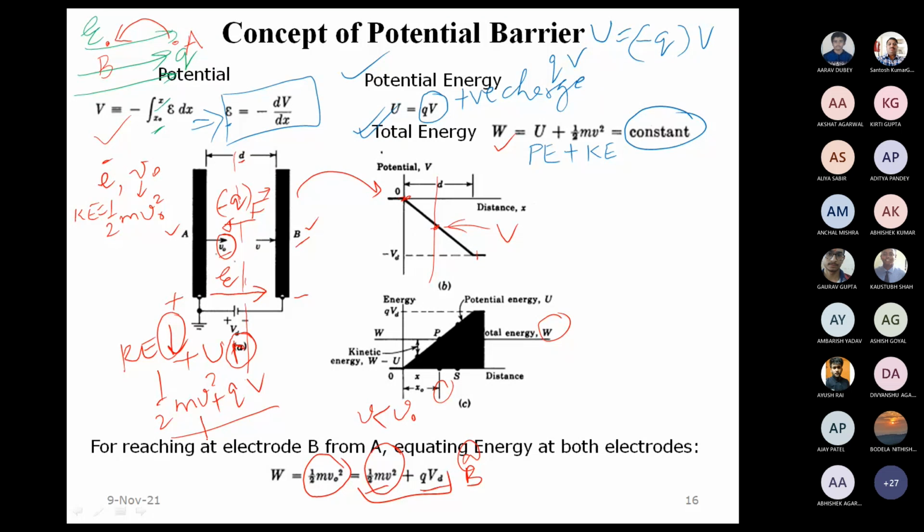So one is increasing and another is decreasing. So there will be some point at which these will both be equal. That is, the difference will be 0. So say that point is at x equal to x0 in between these two plates, at which these are both equal and the difference is 0.